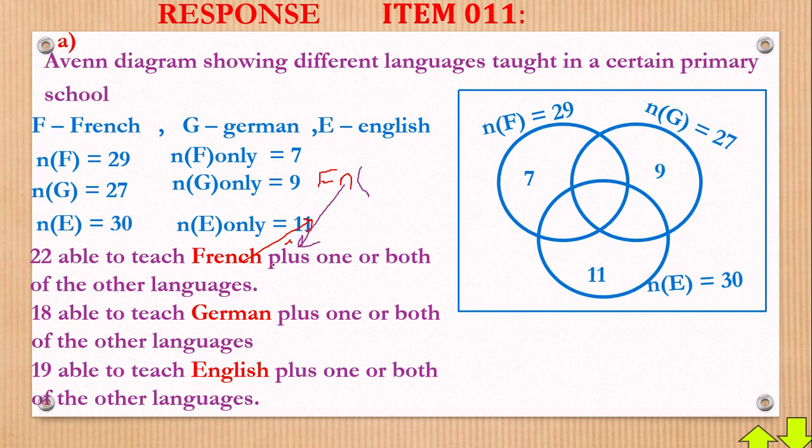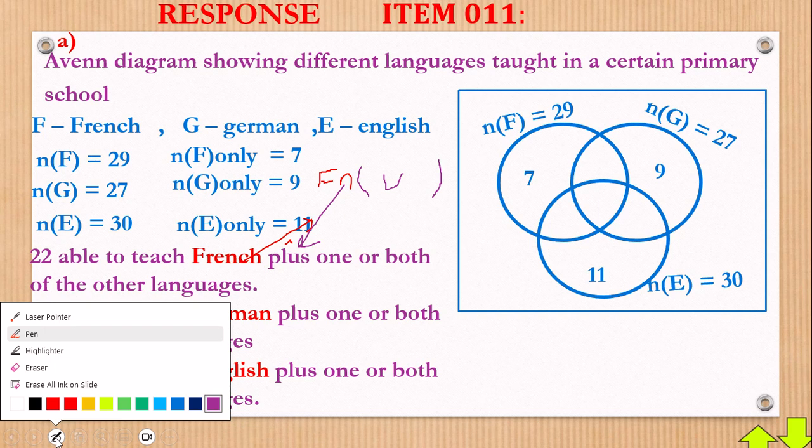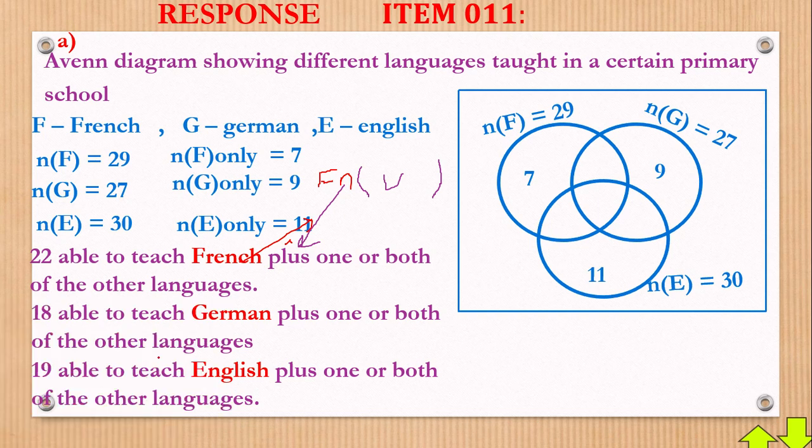If they use the word and instead of plus, it also means intersection. Then we have one or both. The word or means union. But which sets are we having? We have F, G, and English, so here we shall have G union English.